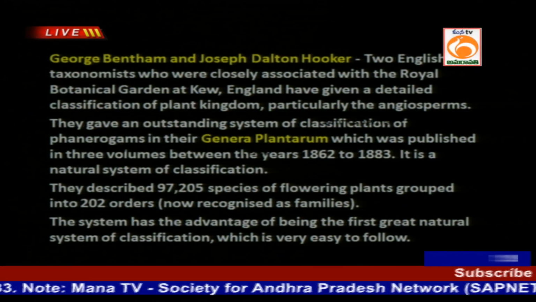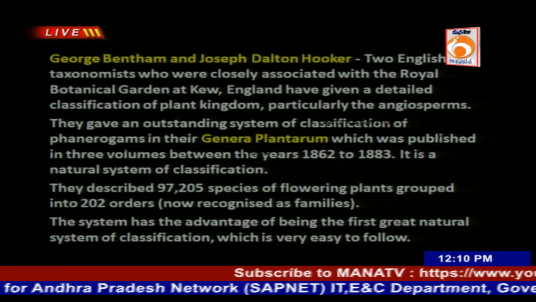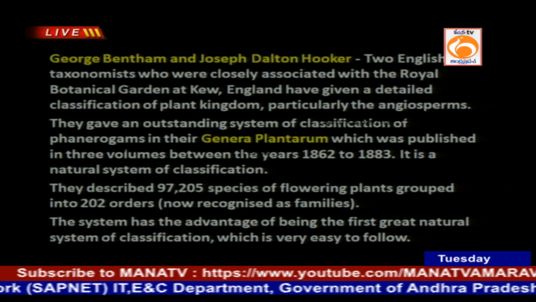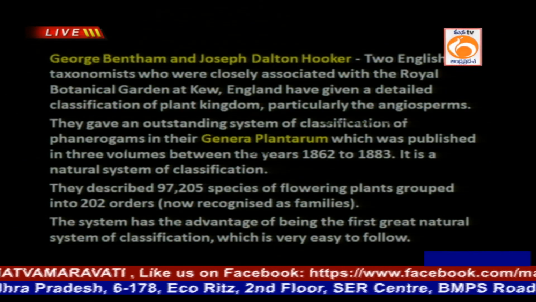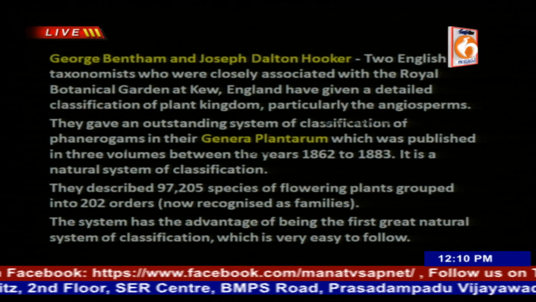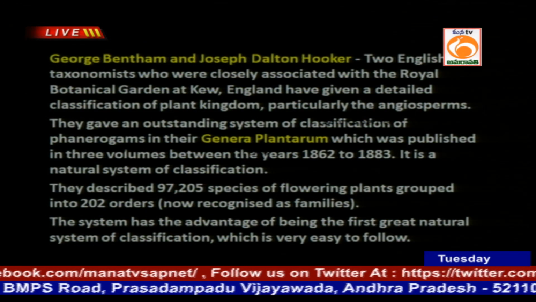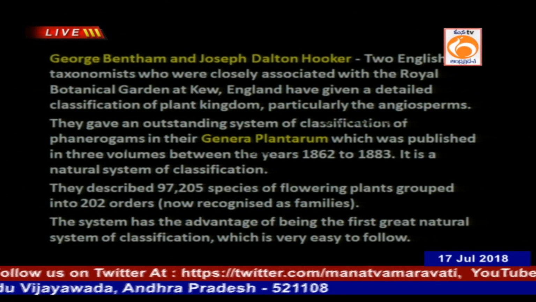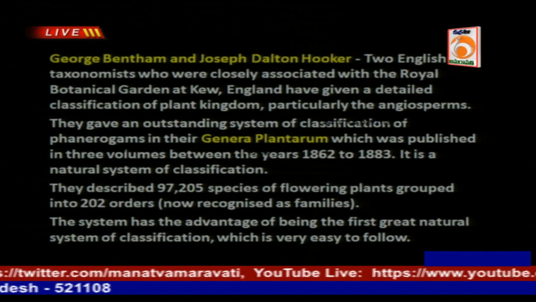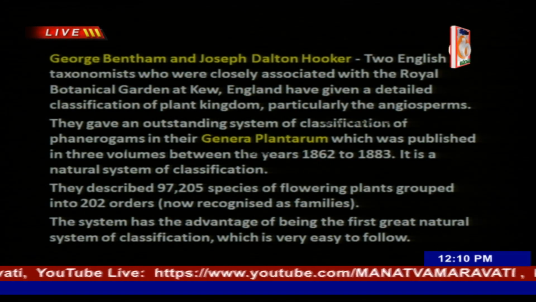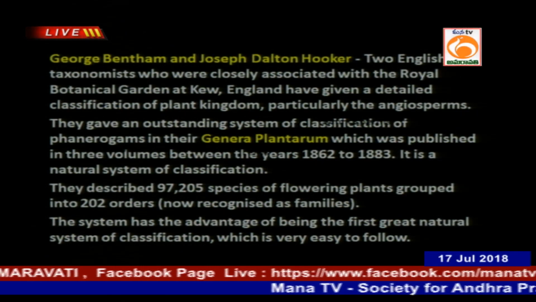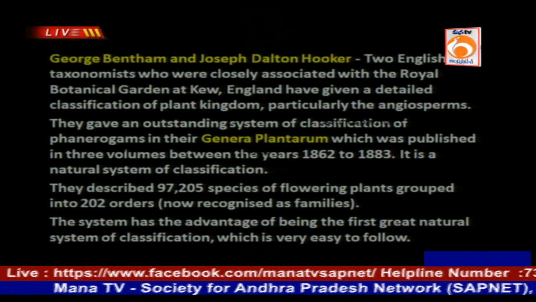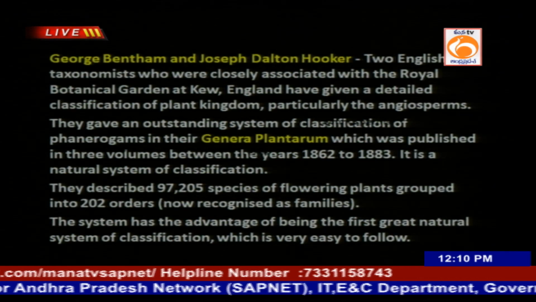At that time there was no transportation or communication facility, so it was highly difficult to explore plant data, but they did very elaborate work in the 19th century, describing 97,205 species and distributing all these plants into 202 orders. It is not a simple thing for two persons to give such elaborate data. That is why it is the first and even the last great natural system of classification, and it is also very easy for botanists to follow.